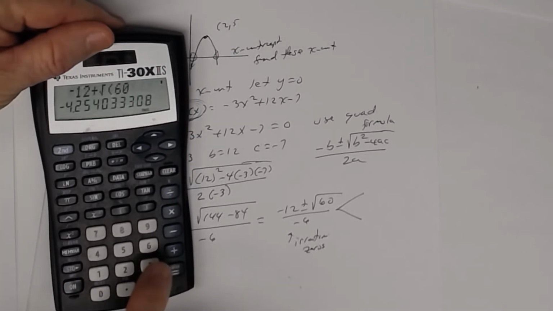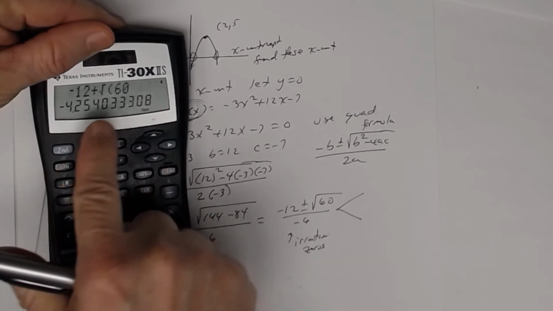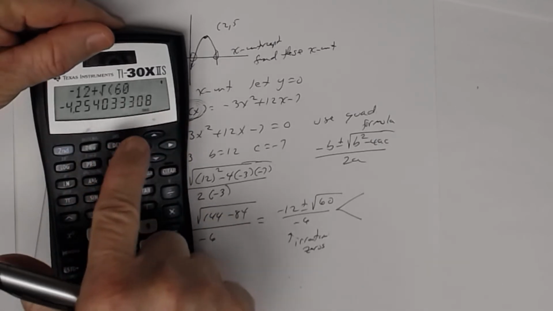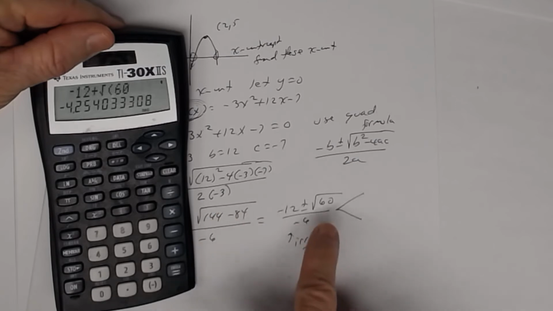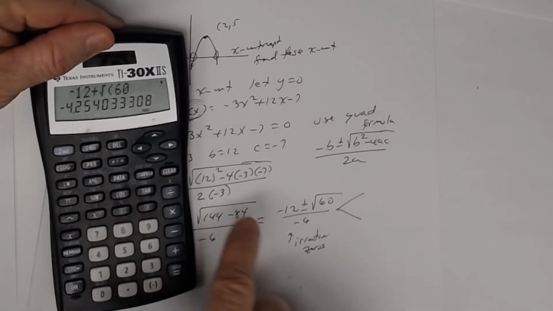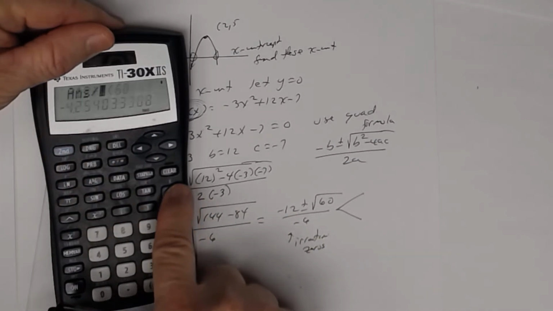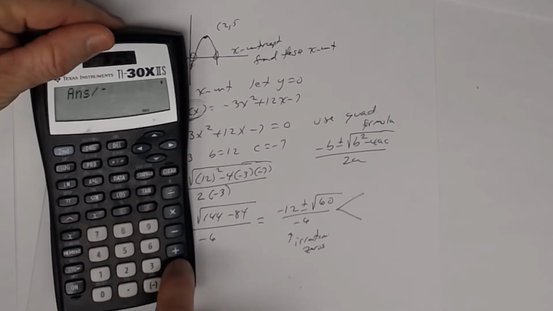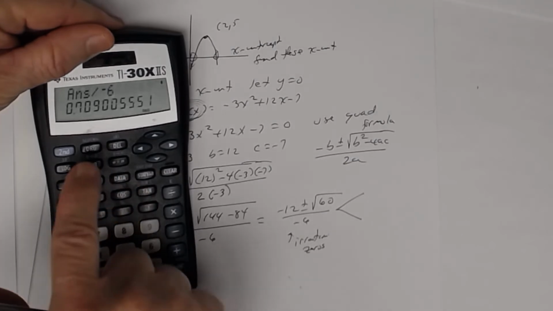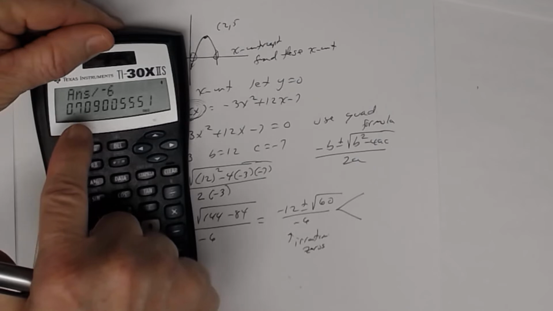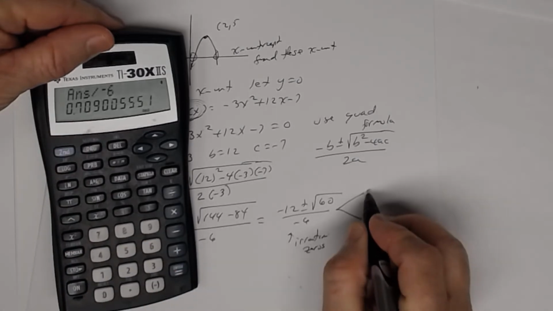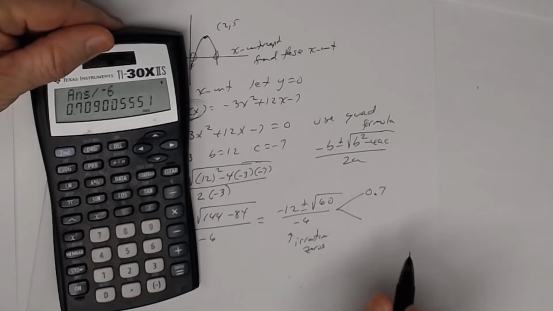It does not terminate, so just leave it like this. Then we're going to take all of that numerator and divide by negative 6, equal, and let's approximate to the nearest tenth, so 0.7. So there's one of my approximations for the x-intercepts, or for the zeros.